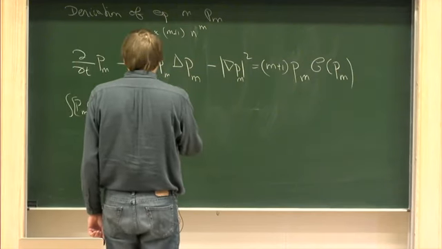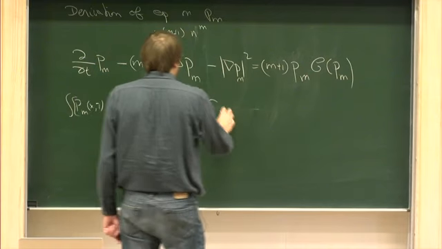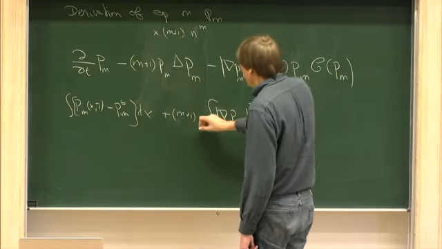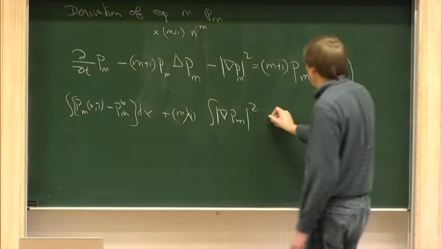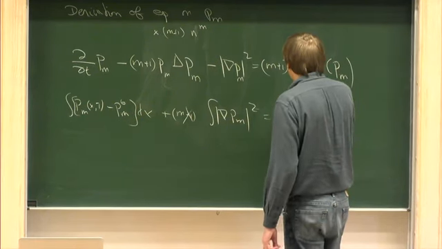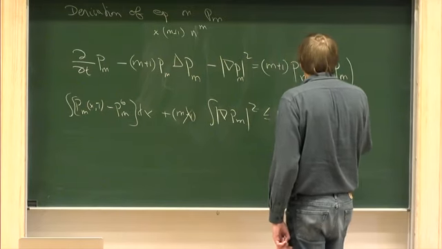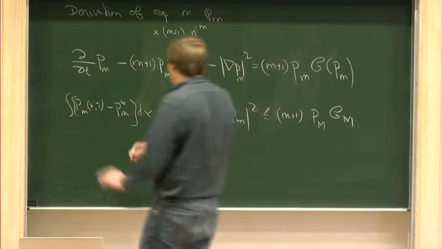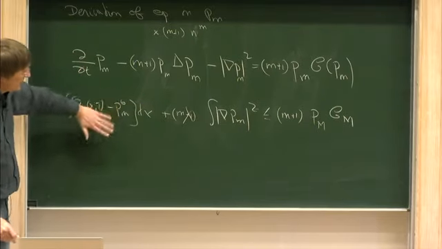Here you will get a term which will be plus m plus 1 integral of grad pm squared. This one will pay for the plus 1, it's not very important. And here you have m plus 1, something which is controlled by m plus 1 pm g sum m, the maximum value of g. So you divide by m plus 1, this will count for 0 because m is very large and this is bounded.